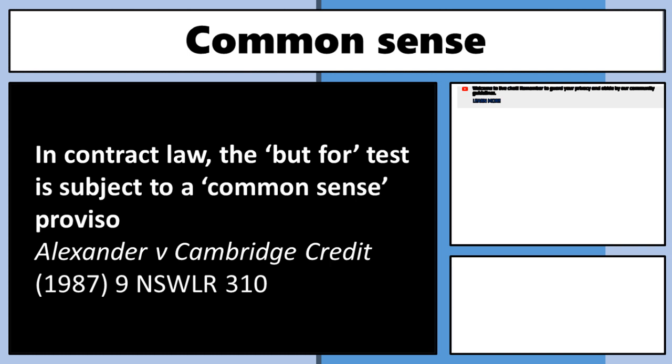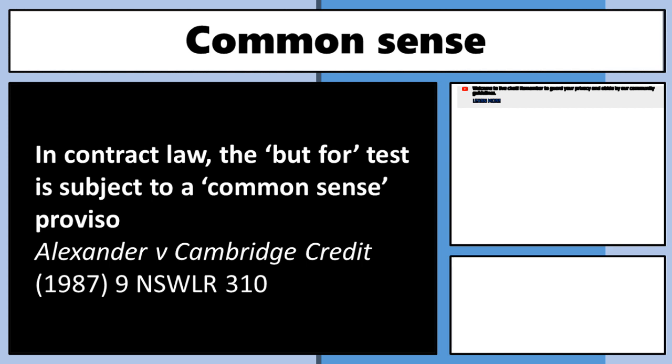But a couple of other things have happened here. One is the intervening event of the credit crunch. It's a factor. It was really not foreseen by the parties. It acted outside the scope of this particular contractual arrangement. And arguably that broke the chain of causation.